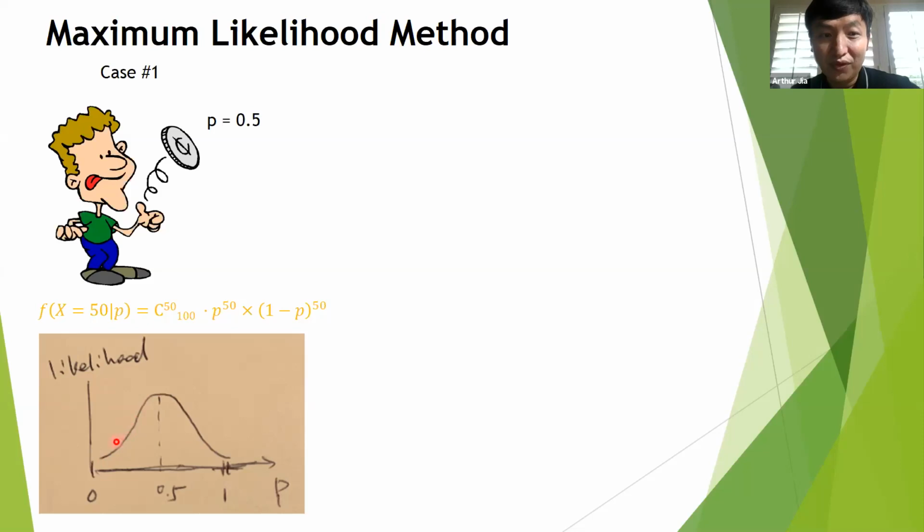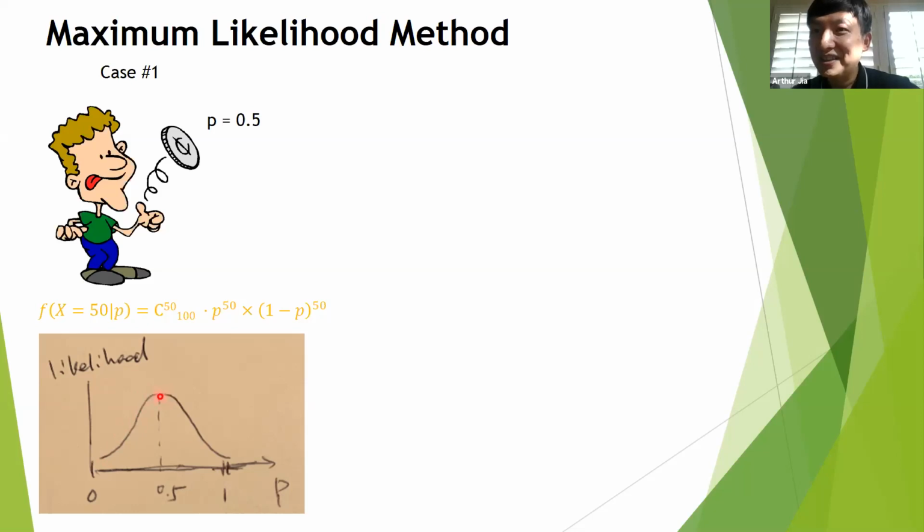If you calculate the slope here, is this slope equal to 0? No, right? If you keep going, the only place where the slope of this curve is equal to 0 is here.